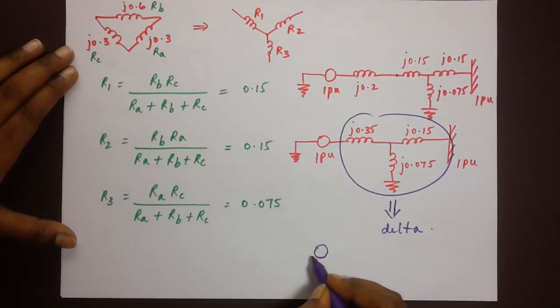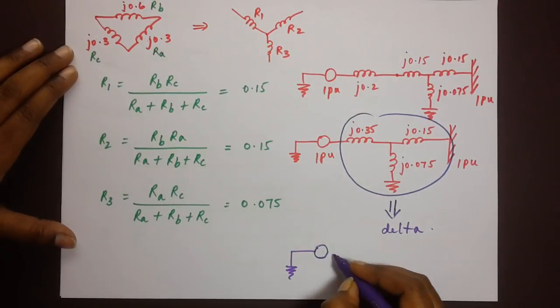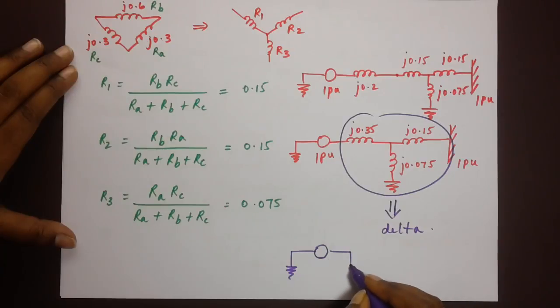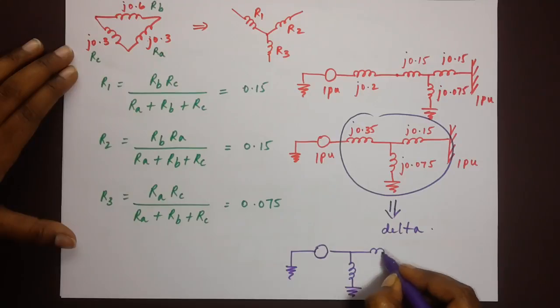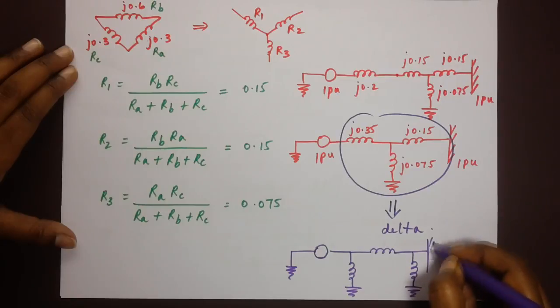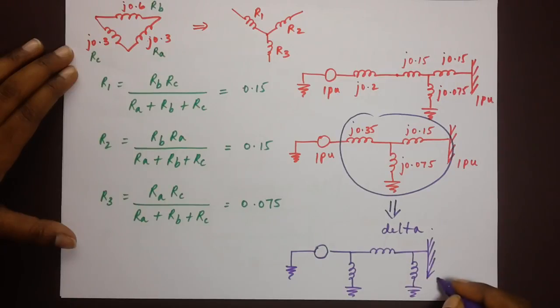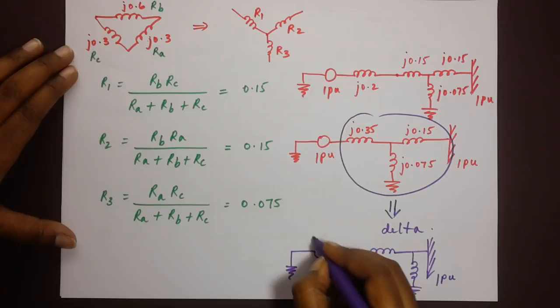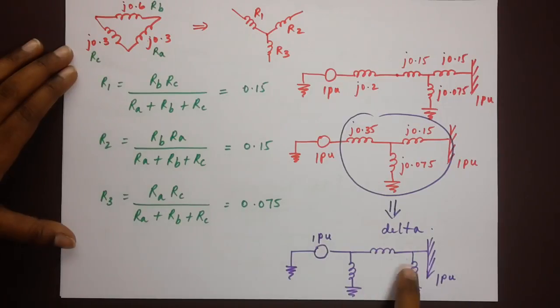So basically we need the form like so. We have one here, one here, one here. This is 1 pu, this is 1 pu. We need it this way, because when a fault occurs, the second line would be grounded immediately.